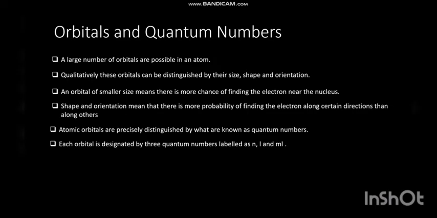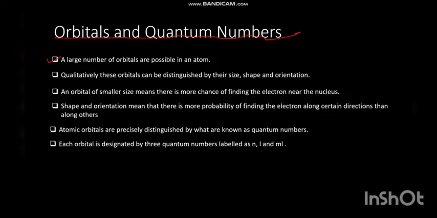Today we shall see what are these atomic orbitals and what is the relation between the quantum numbers. First of all, an atom can have a large number of orbitals. In our last session we have seen that the wave function and the corresponding energy states give us the information about the electron, and that wave function is the orbital or the atomic orbital.